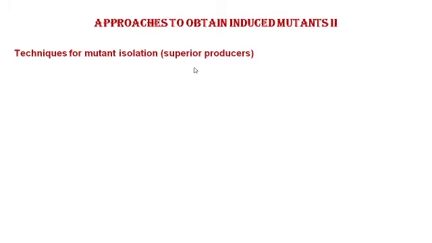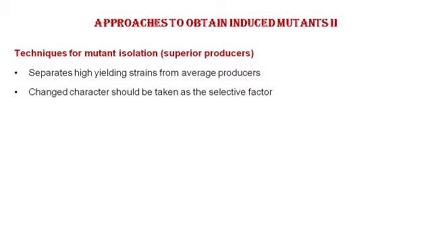The techniques for mutant isolation now become very important because they depend upon separating the high yielding strains from the average producers. So you have mutated the population, you have exposed the culture to a mutagenic agent, and from this culture you need to separate the higher yielding strains, because not all the microorganisms in the culture that have been exposed will mutate.